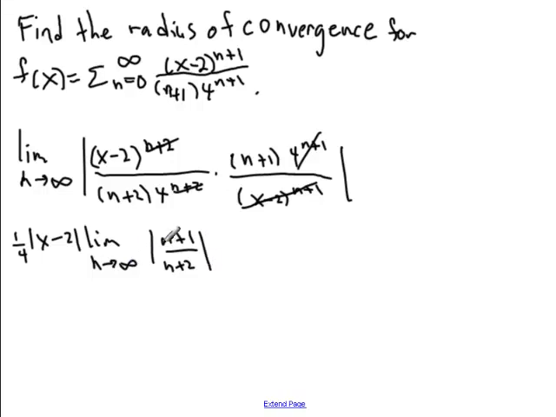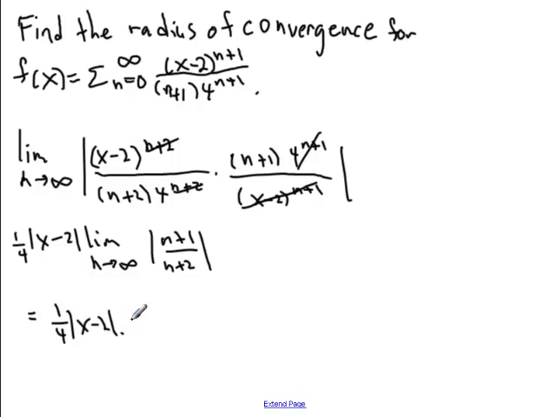And as n goes to infinity, since we have the same degree in n, we look at the coefficients, which is 1 and 1, which equals 1. So this gives us an answer of 1/4 absolute value x minus 2 times 1.